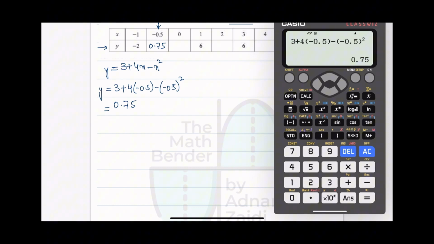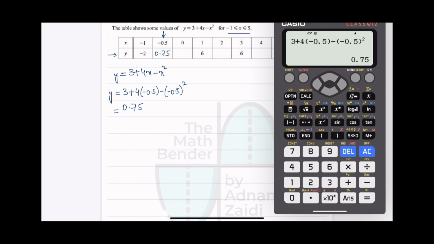Now there's one way of solving it like this. There's another way. Instead of writing these equations and then separately writing these values, you just write the equation like this: 3 plus 4 times answer minus answer squared.